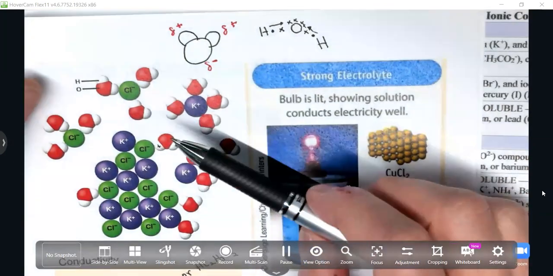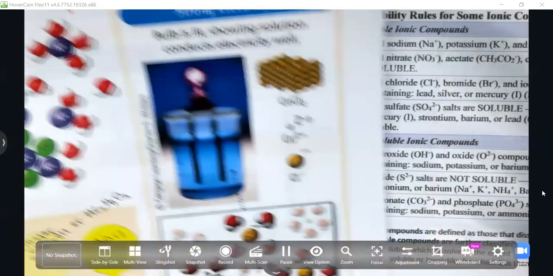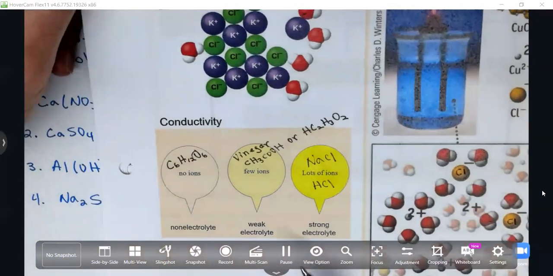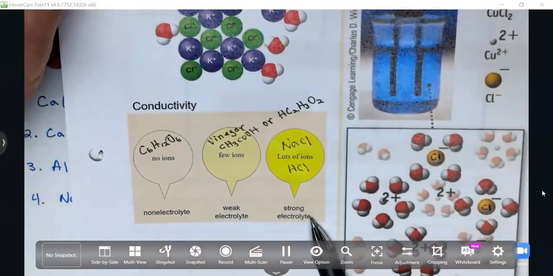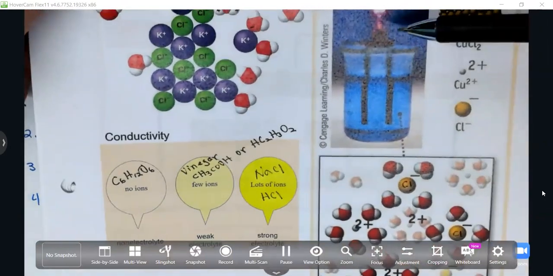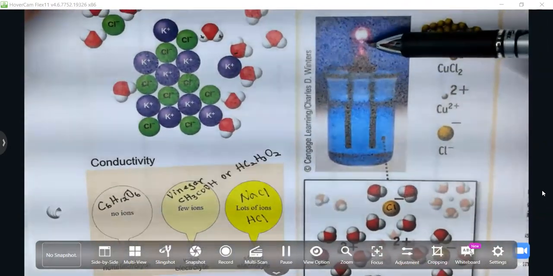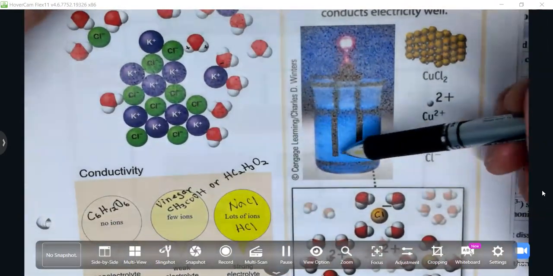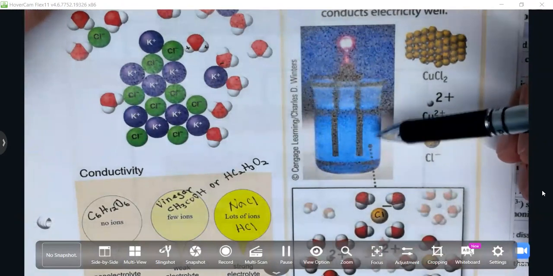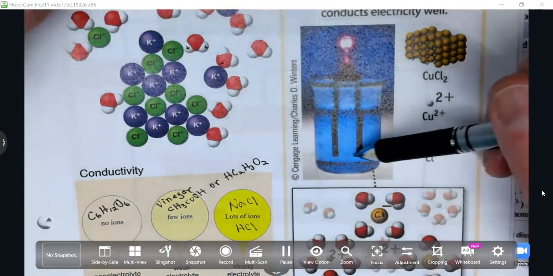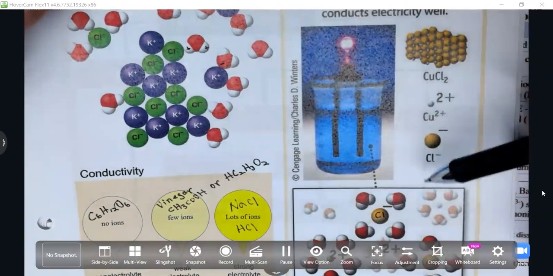Then, if it dissolves and we get a bunch of ions in solution, we call that a strong electrolyte. What is the effect of that? You can just test it: you are going to get electricity to flow through the solution very easily if you have lots of ions in solution.